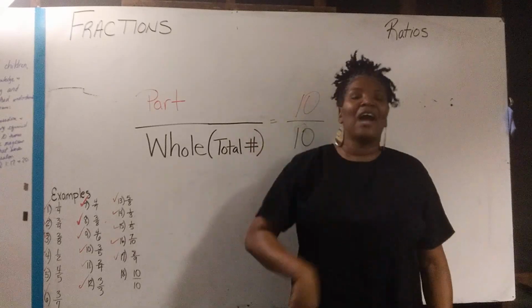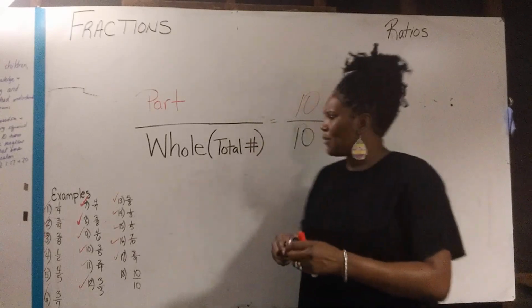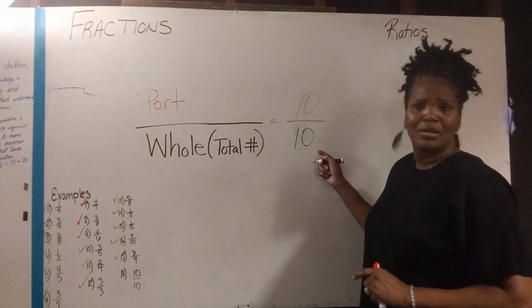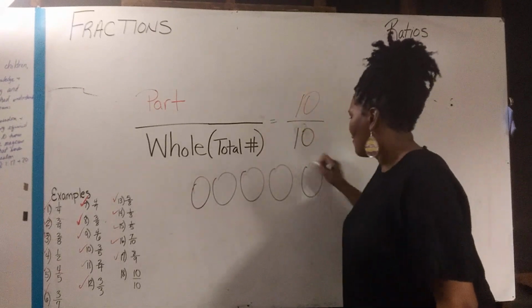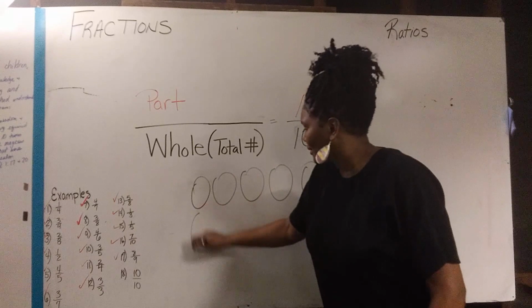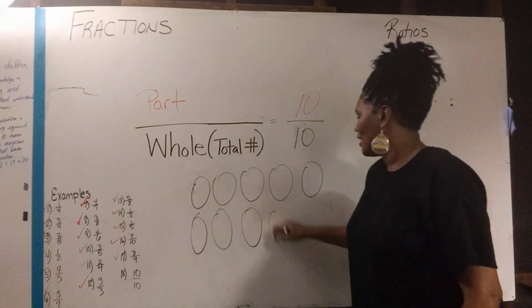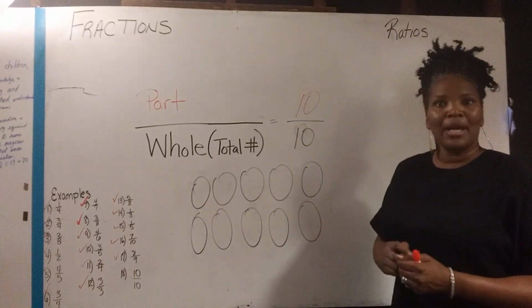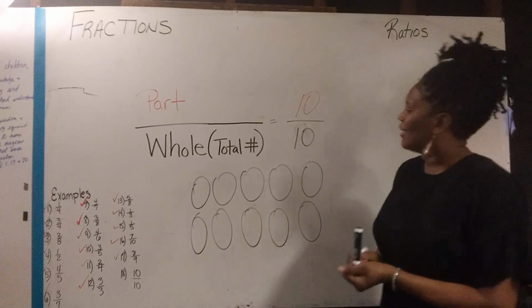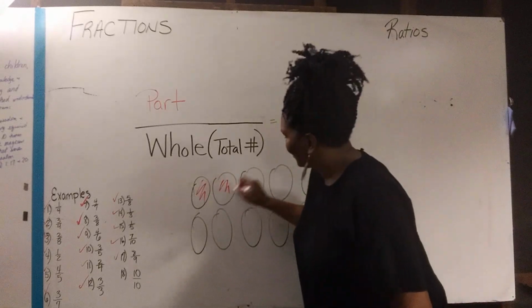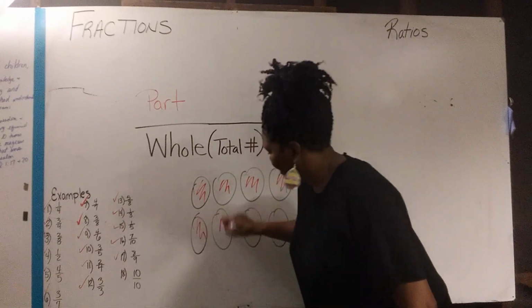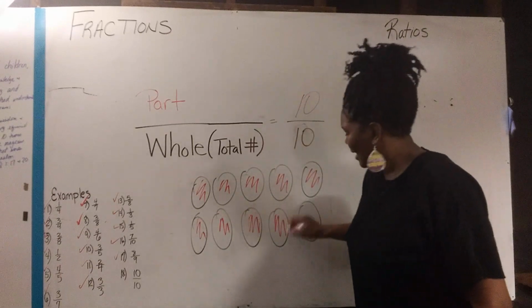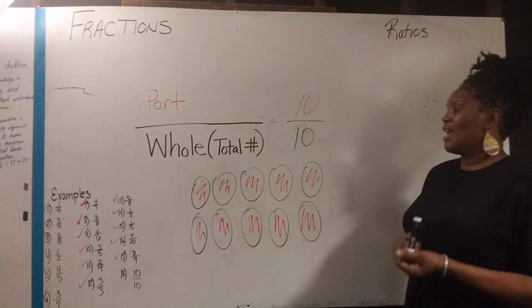Okay? All right, let's get busy because we're still on the speed round. How many do we have to draw? 10. 1, 2, 3, 4, 5, 6, 7, 8, 9, 10. How many do we have to color? 10. 1, 2, 3, 4, 5, 6, 7, 8, 9, 10.